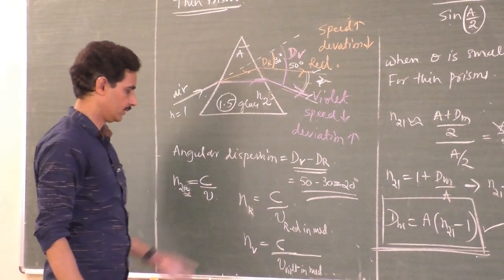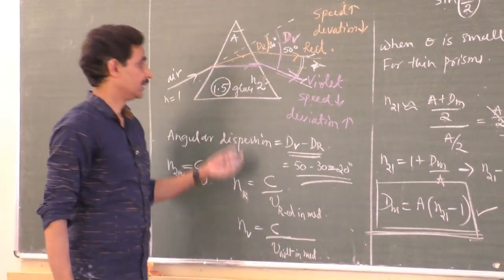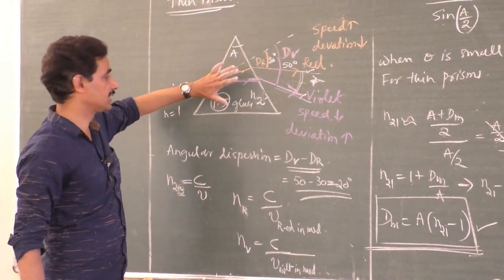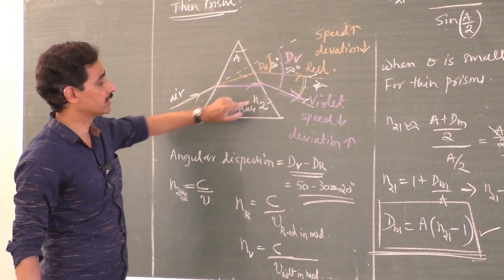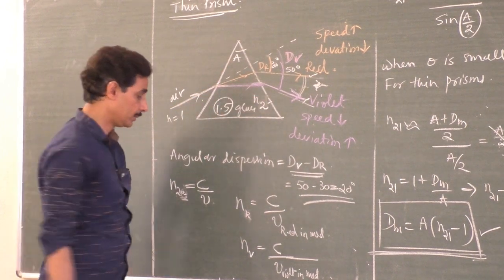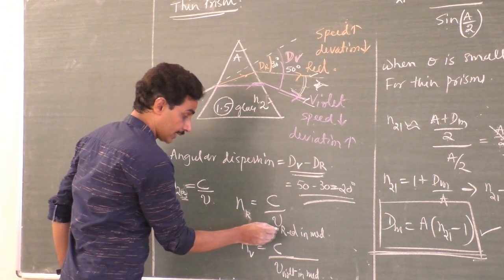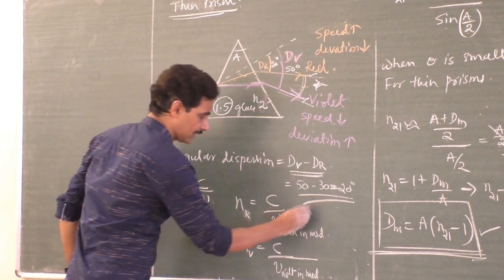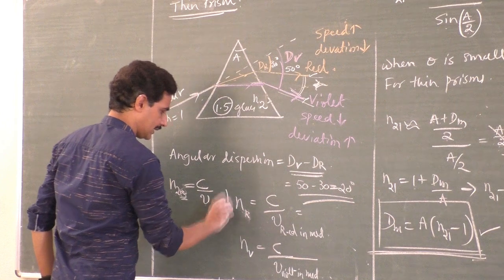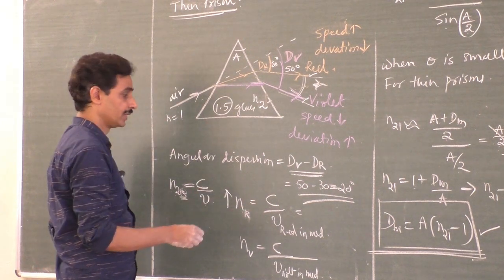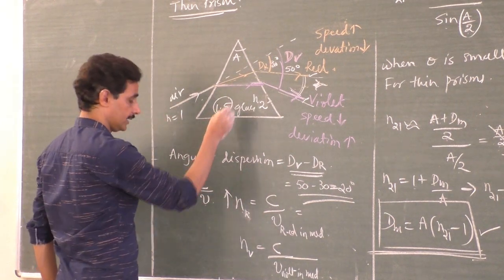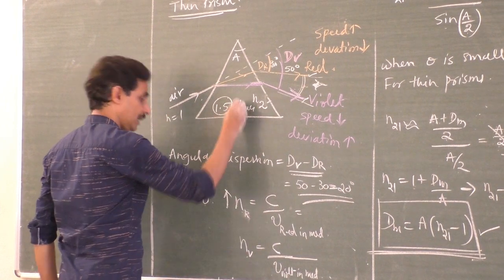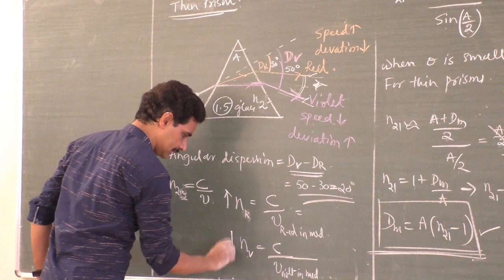Now the question is, will you get the same answer by referring to violet and red color? Will the refractive index of this medium be the same with respect to violet and red color? Never, because red color will travel faster than violet. So the refractive index of this medium calculated with respect to red color is less than the refractive index of the same medium with respect to violet color.